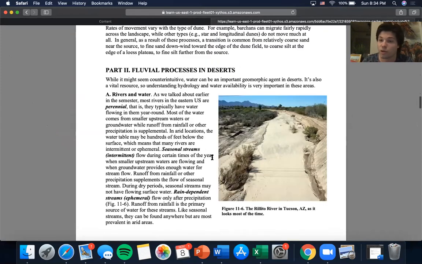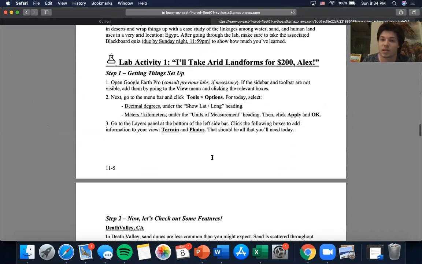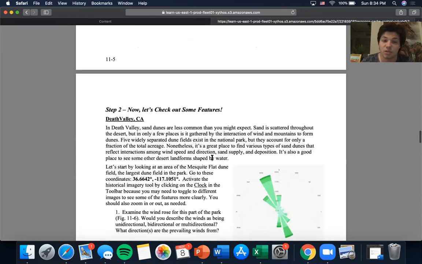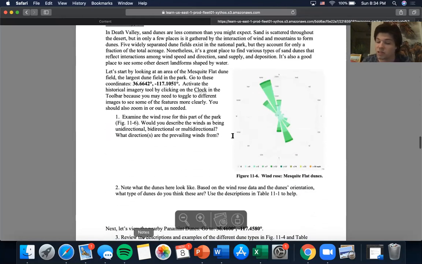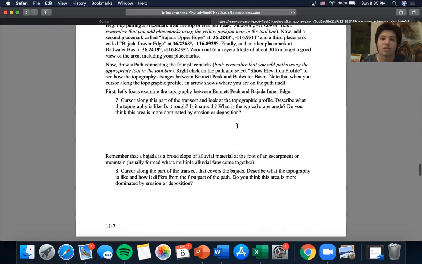Again, here's the fluvial processes with a little bit more information and some different examples. And then you're going to open up Google Earth Pro, and the first thing you're going to be taking a look at are arid landforms and sand dunes, first in Death Valley, California. So you'll go through these activities, same old of what we've been doing.